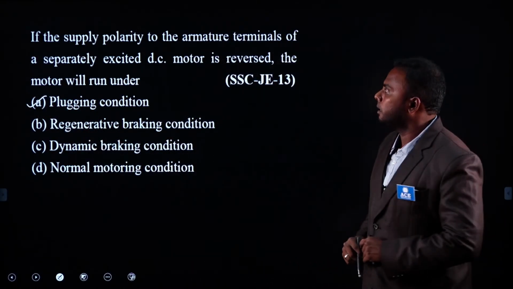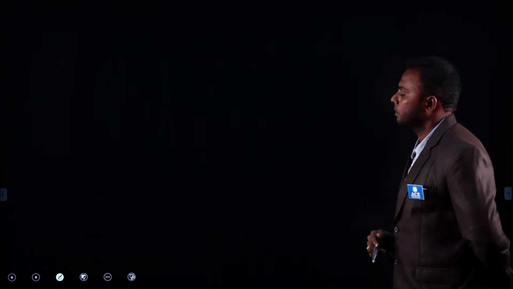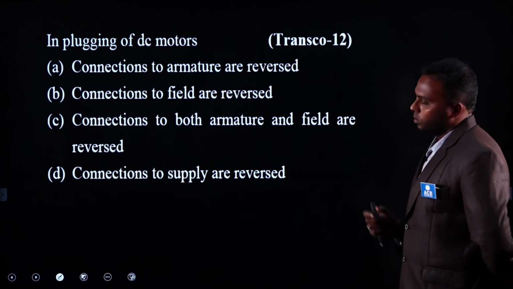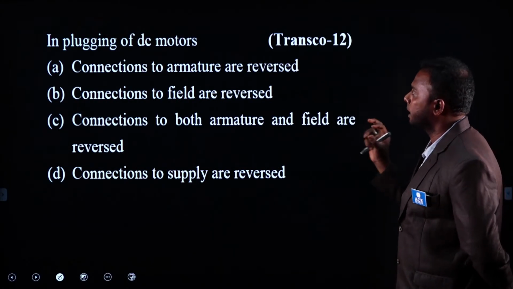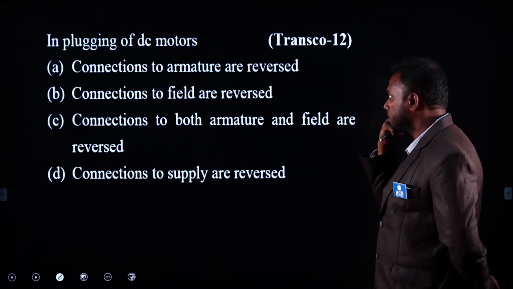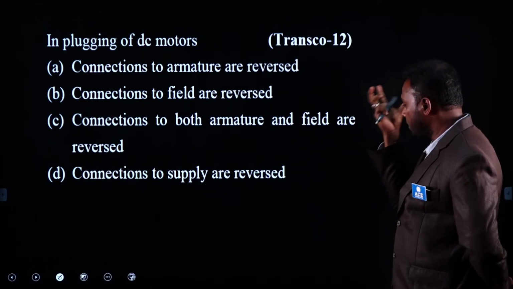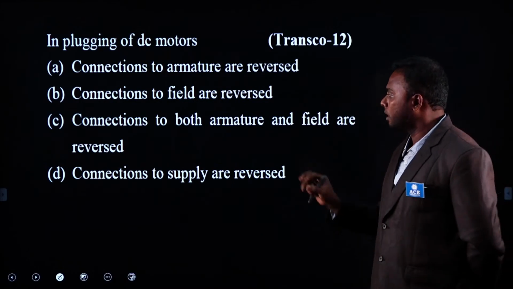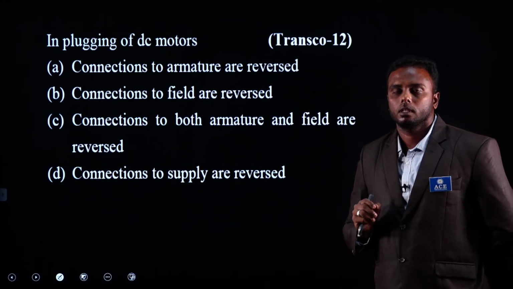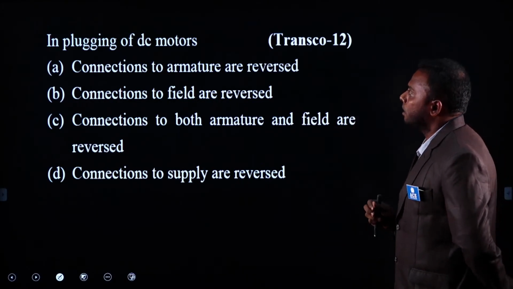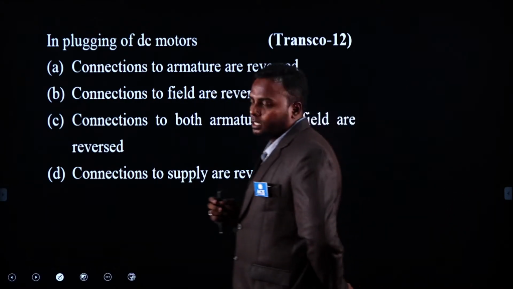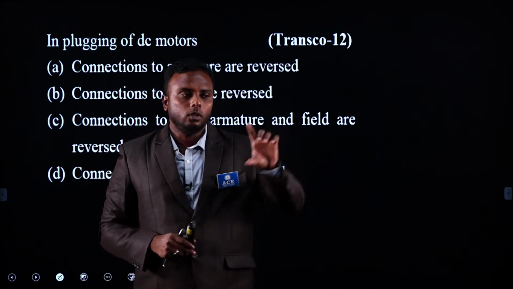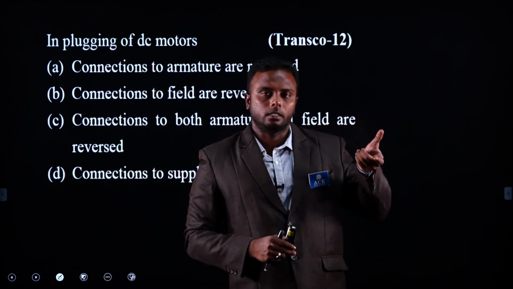Okay, next. See the next question. In plugging of DC motors, connections to armature are reversed, or connections to field are reversed, or connections to both armature and field are reversed, or connection to supply are reversed. Now where are we reversing? In plugging, the connection to only the armature. I have shown in the shunt motor, only the armature is reverse connected or cross connected.